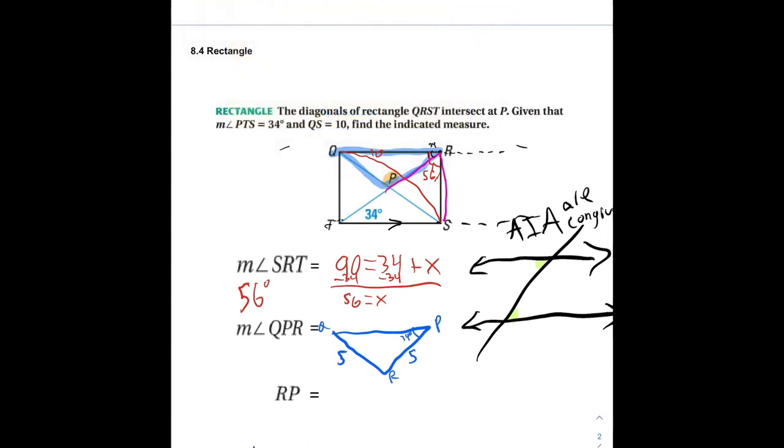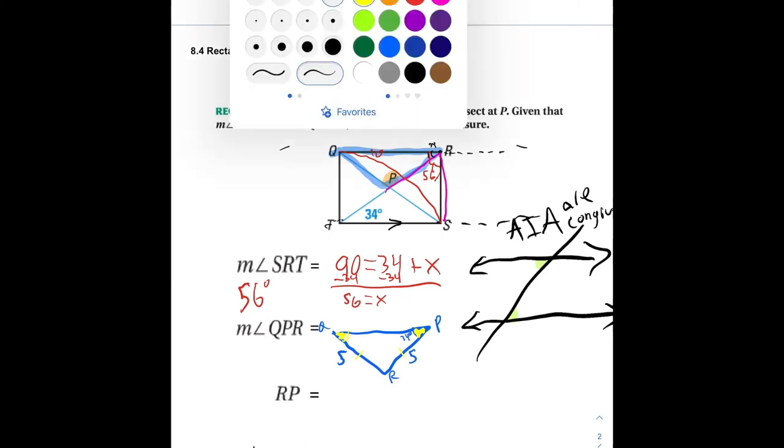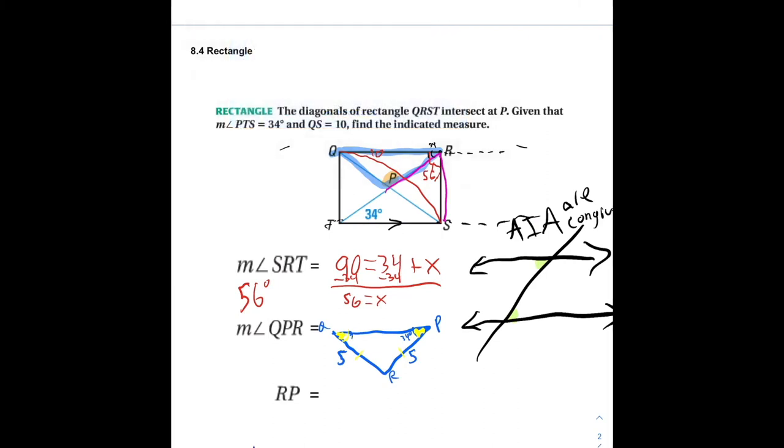Because I have 2 sides that are the same, this means it's an isosceles triangle, which means my angles are also going to be the same. So this angle over here is also 34 degrees. I've used 34 twice. And I know that triangles always have 180 degrees.